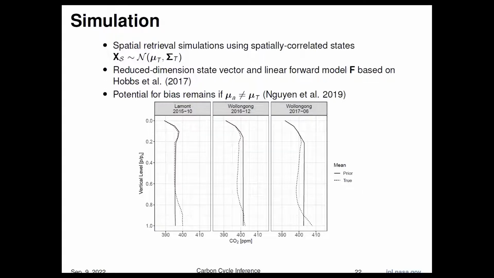In our simulations, this figure at the bottom illustrates how we implemented that with the CO2. The solid lines are the assumed mu A, and the dashed lines are what we used as the data generating mean vector.